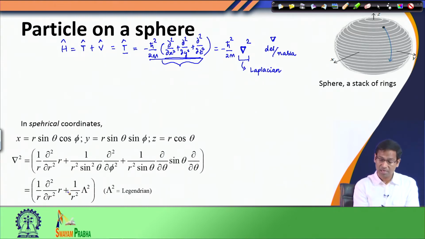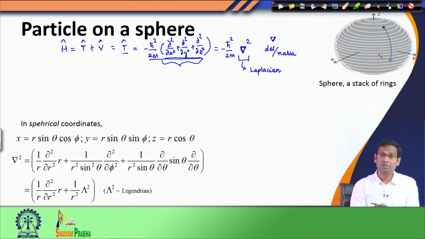And I can now replace this Laplacian in my Hamiltonian, but before I do that, I look at the first term. The first term in this Laplacian in spherical coordinates suggests that I have to take a double differentiation with respect to r. What is r? R in this case is the radius of the sphere.